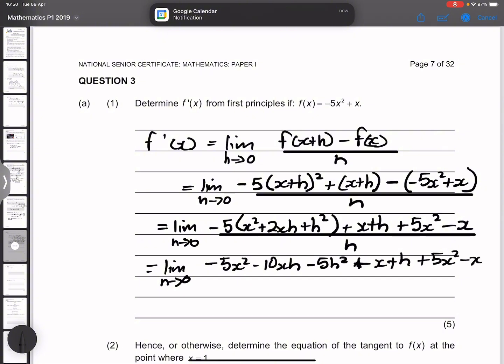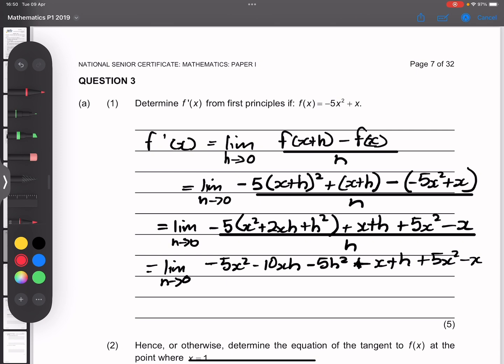Now, ladies and gents, I'm not going to waste time here. Find the ones that are similar. Of course, this is all divided by h. I'm going to also try to save some space here. So 5x squared minus 5x squared, those cancel out. The plus x and the minus x cancel out. Okay, and what am I left with?